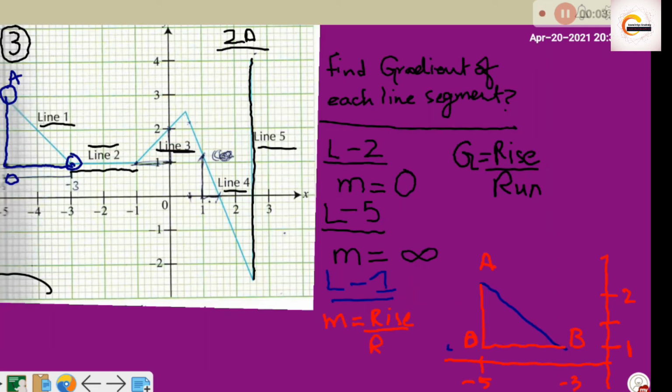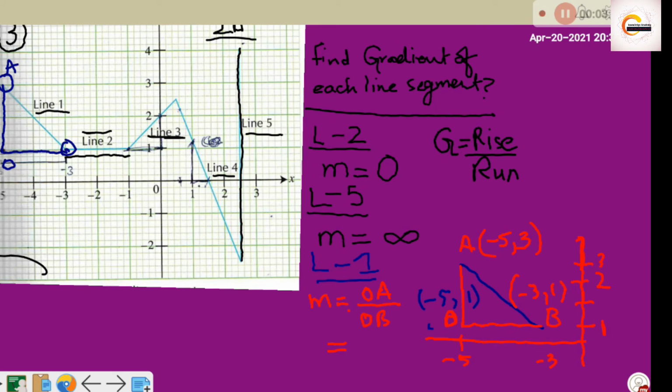So m is equal to rise upon run, which means the rise is the vertical change. It's going to be OA upon OB. And how can we calculate OA upon OB? Simple, we have to find the coordinates of 3 points and then subtract. To calculate the vertical change in OA, we subtract the final point from the initial point.